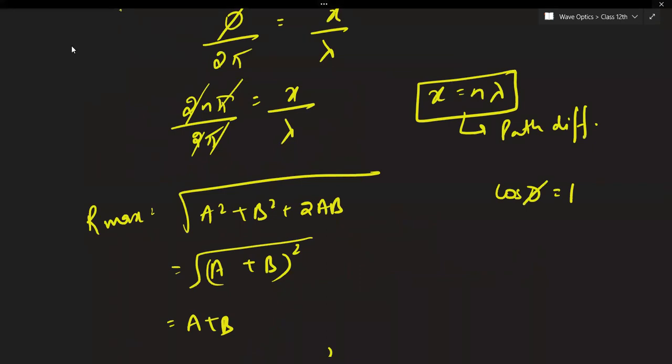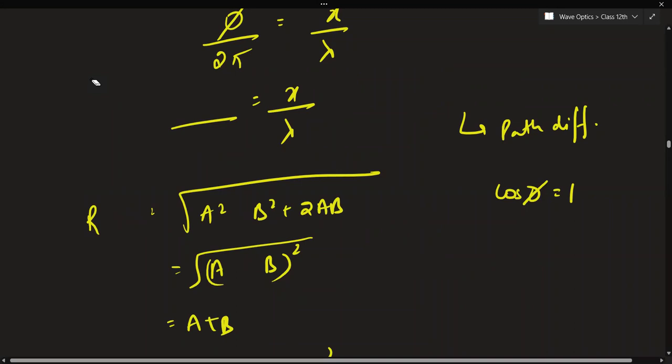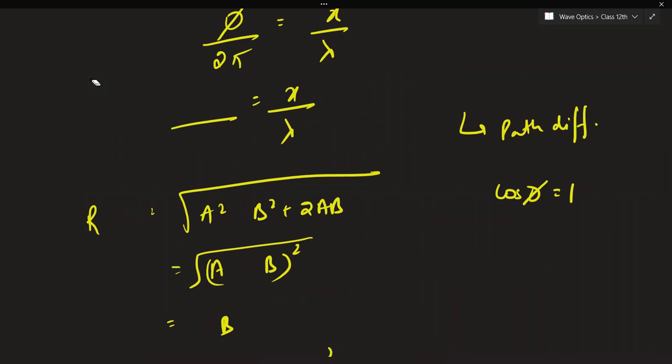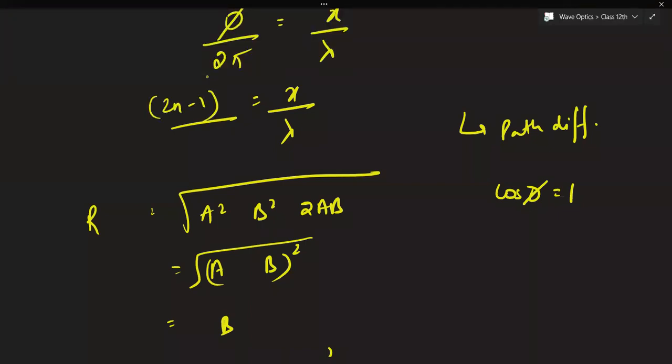X's value here. See here. This will be 2n minus 1 pi by 2 pi. So pi will get cancelled. X will be equal to 2n minus 1 lambda by 2.